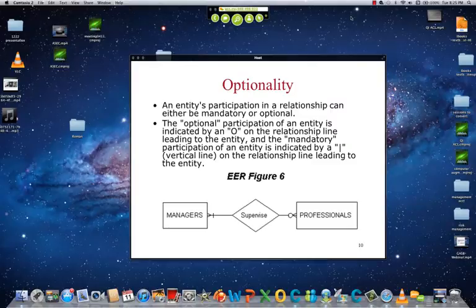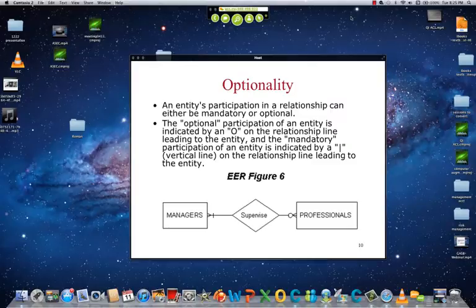So this 0 cross foot means, again, you start from the opposite: a manager can supervise either 0, none, professionals, or many. So a manager is allowed not to supervise anyone. Or he can supervise 4, 5, 7, 12 professionals.